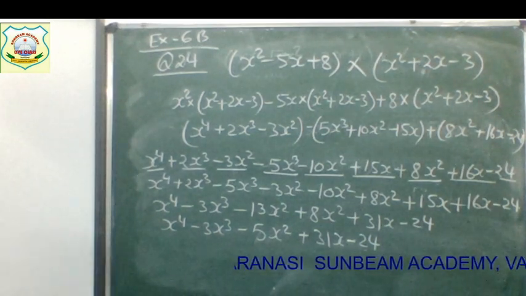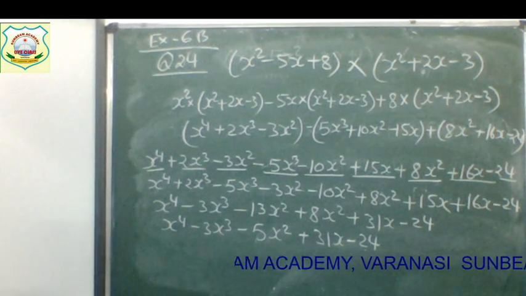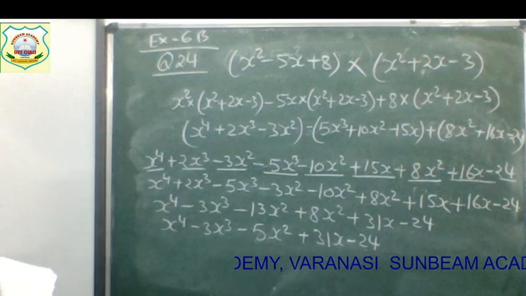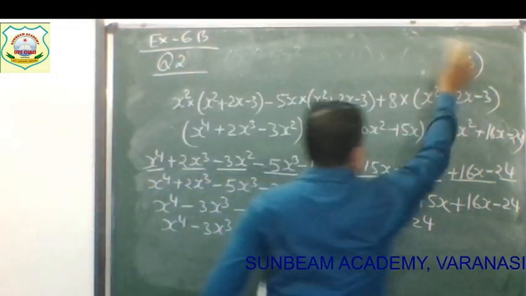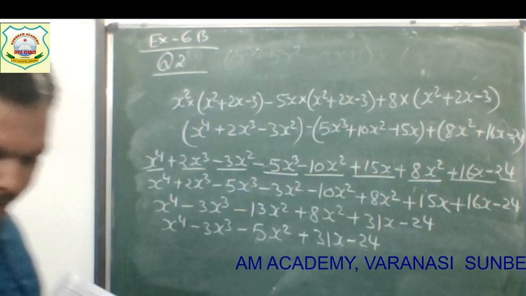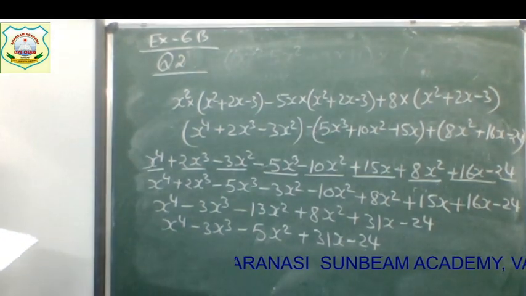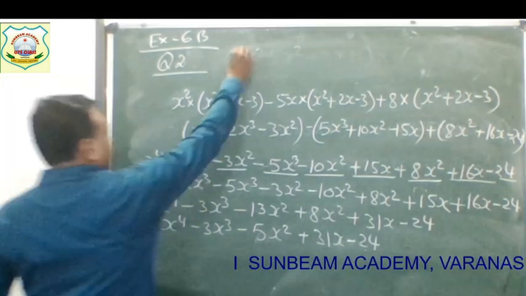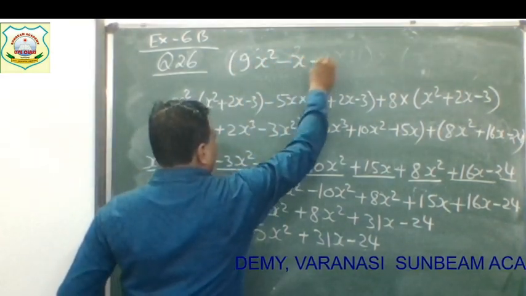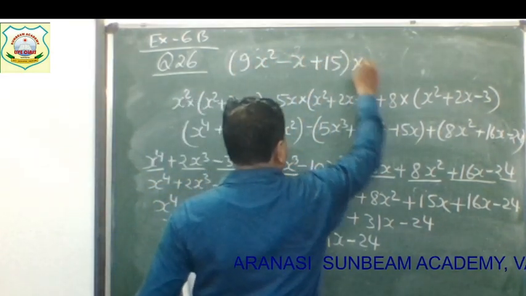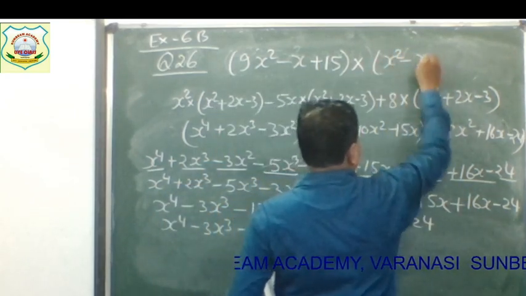Okay students. Now last question, 26 we will tell, 25 you have to do yourself. 9x square minus x plus 15 and multiply, there is given x square minus x minus 1.